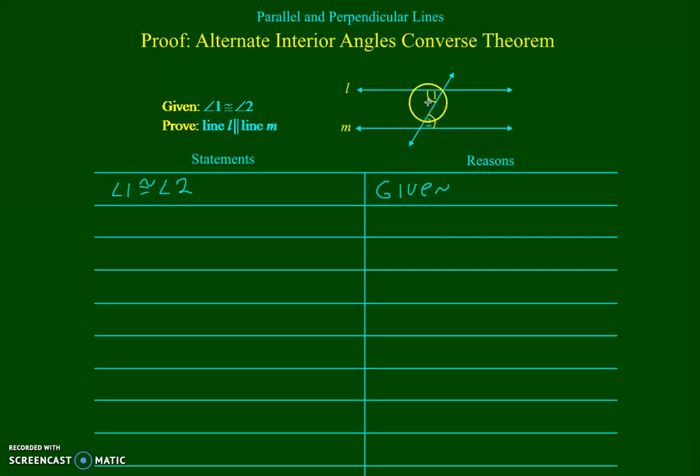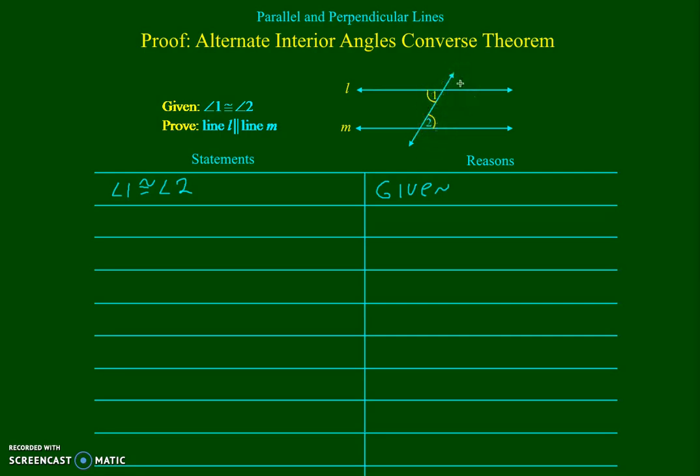Now, I take a look at this and I can see that this angle and this angle are vertical angles. And if I note that those two angles are vertical angles, then this one must be congruent to this. And if this is congruent to this, then I know that these two angles are corresponding, and therefore those angles are congruent.